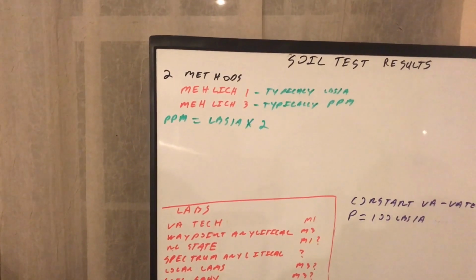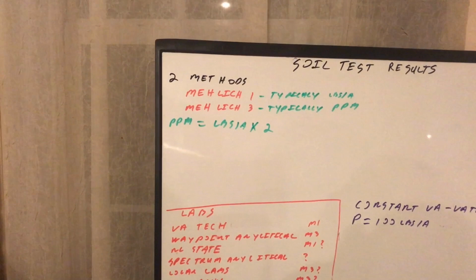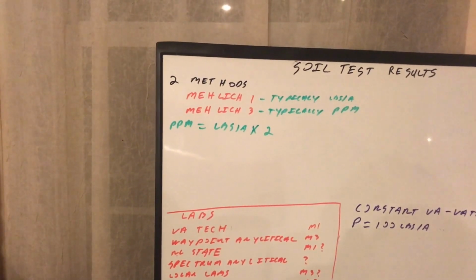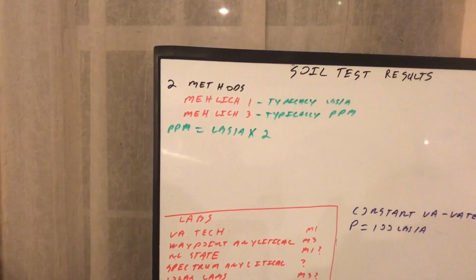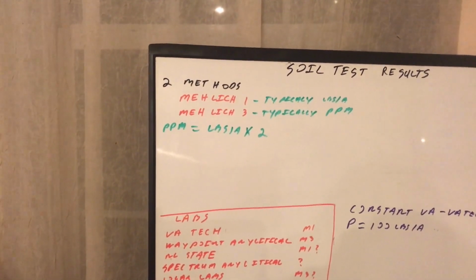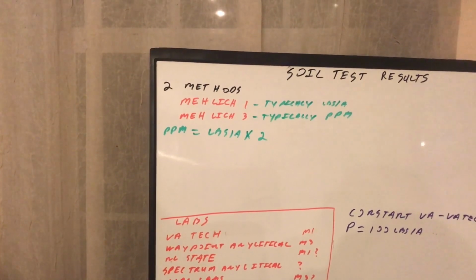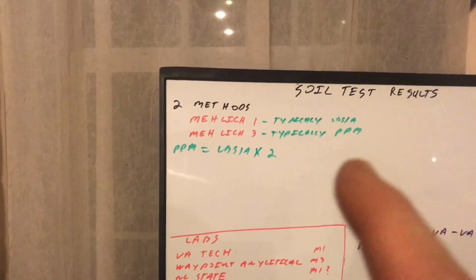Typically, although it's not a guaranteed thing, a Mehlich 1 test is going to return in your macronutrients pounds per acre. Your micronutrients typically will be parts per million or ppm. Your Mehlich 3, on the other hand, typically are parts per million, as you can see right here.